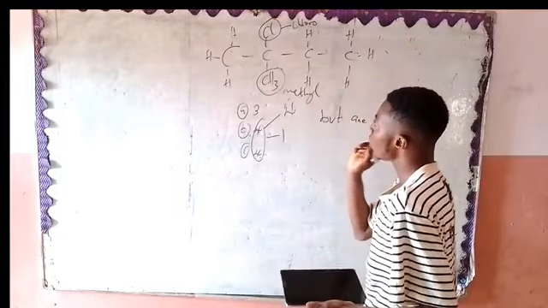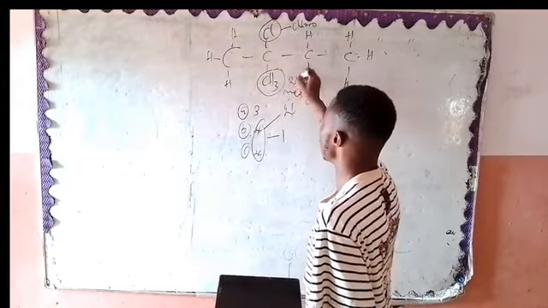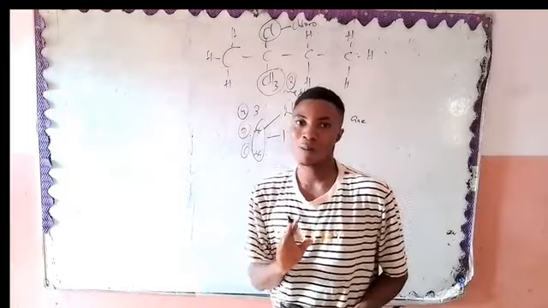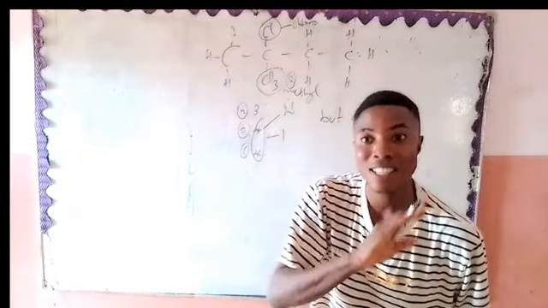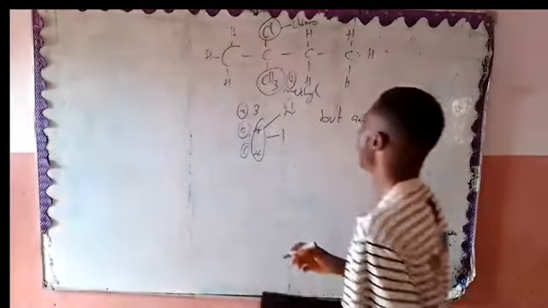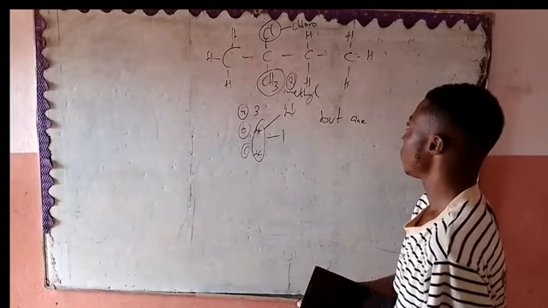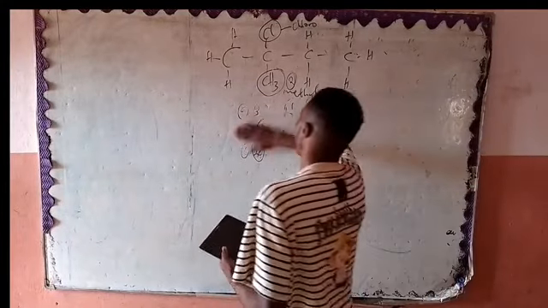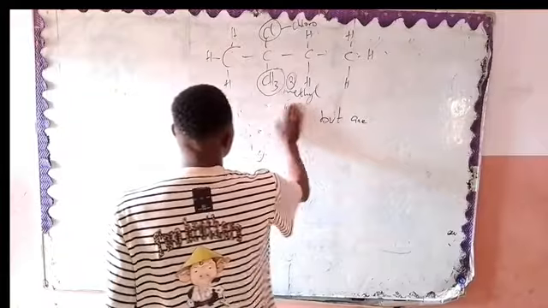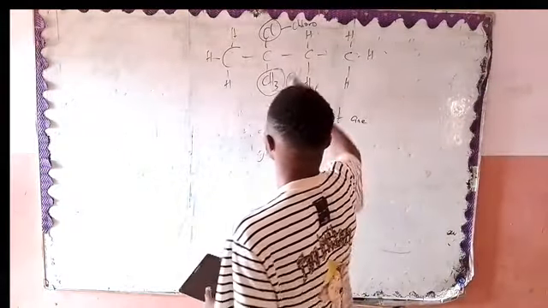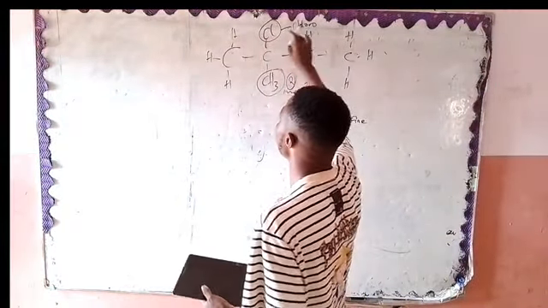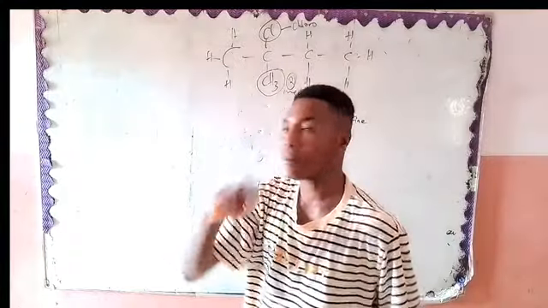Now, the next thing we're going to do, the second step, is done. Let's go to the final step before choosing an answer. In the final step, we will now have to check the number where this substituent group appeared.